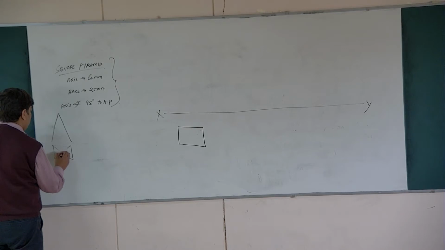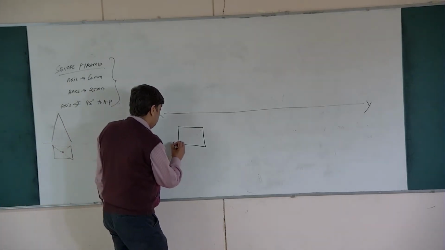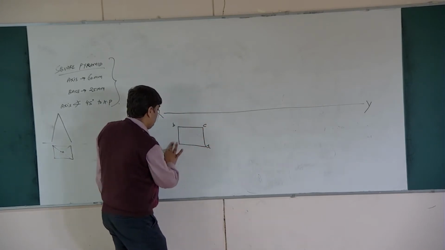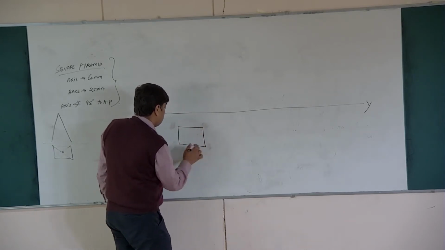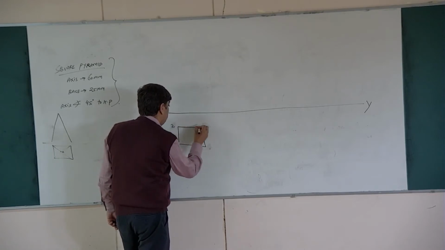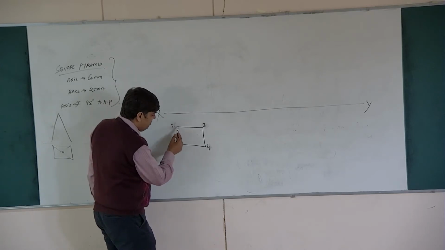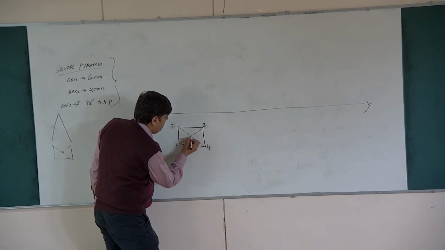You have to locate its center O. I'll name the corners 1, 2, 3, 4. We will locate its center. From 2 to 4 join the diagonal, and from 3 to 1 join the diagonal. These corner points, and this will be your apex point, that is O.